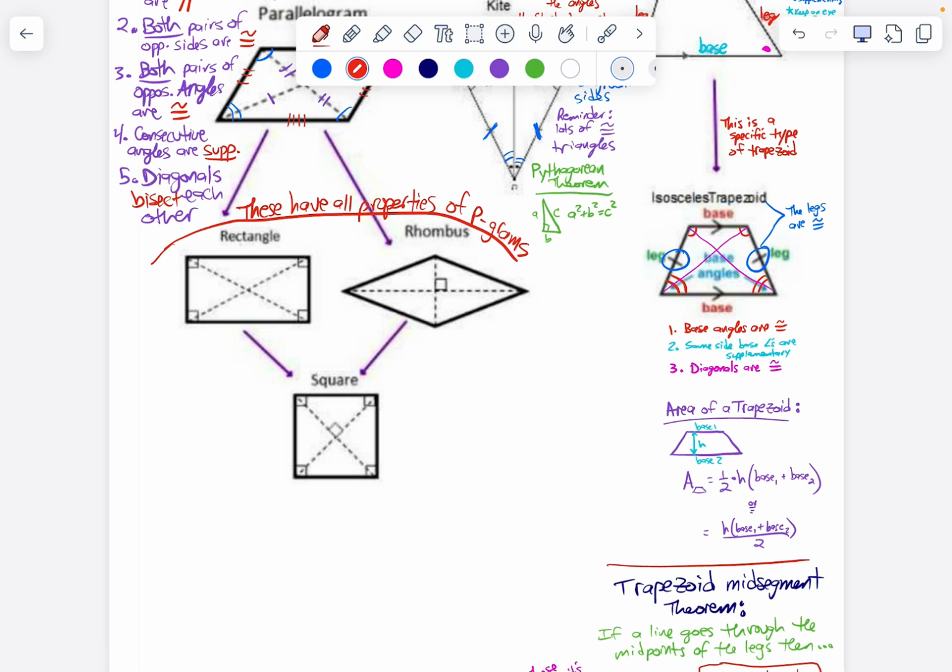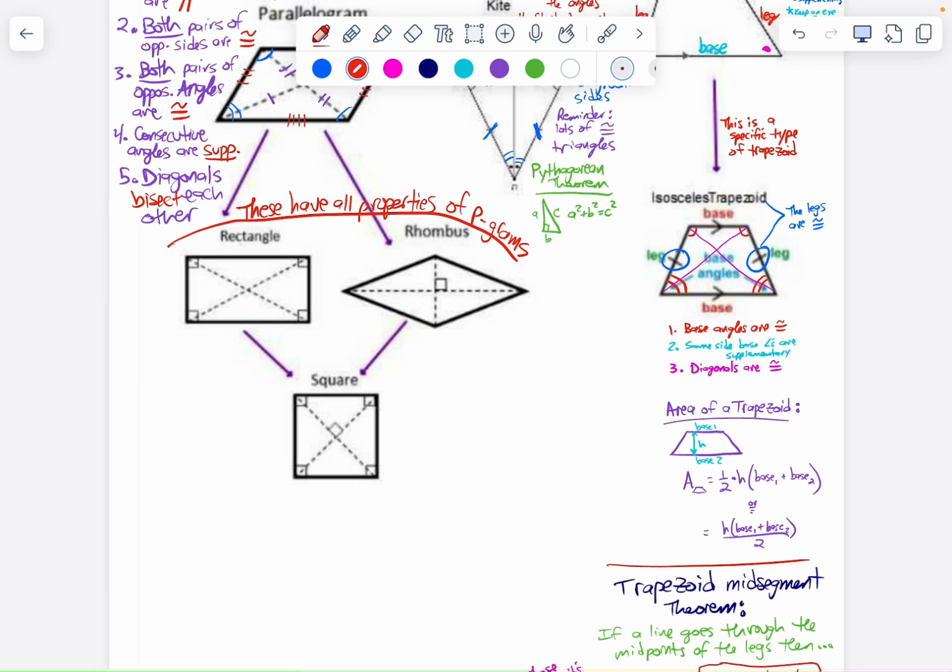In other words, a rectangle, even though we haven't written anything about it, it already has how many properties? It already has 5, even though we haven't added anything. And the reason I'm saying that is because these are always parallelograms first, and then a rectangle, or then a rhombus, etc. Okay?